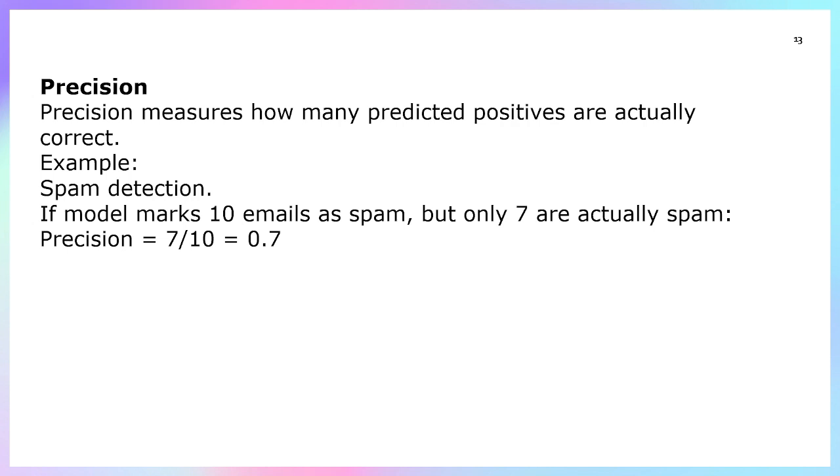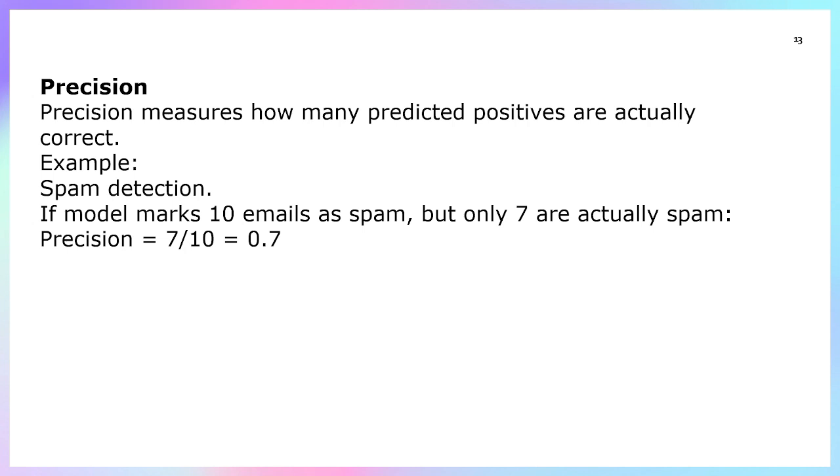So true positive is 80, whereas false positive is 20, right? Precision will be true positive divided by true positive plus false positive. False positive, why? Because 20 were not spam but your prediction is spam. So that is 80 divided by 80 plus 20, that is 0.8.